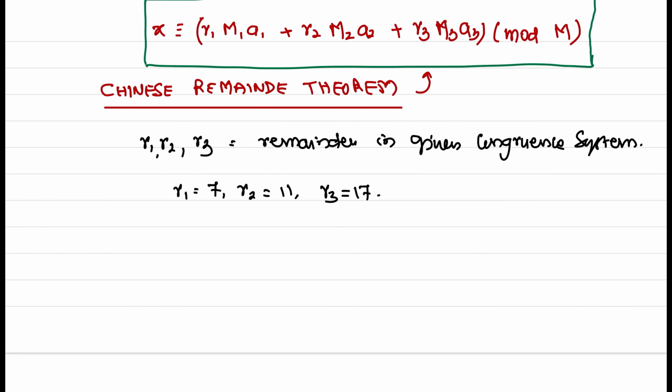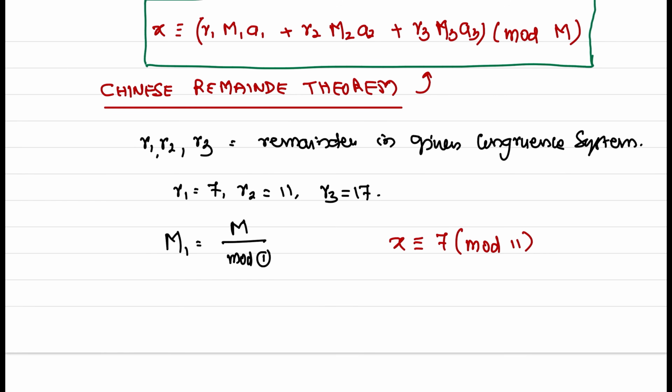Now, what is M1? M1 is equal to the overall modulus divided by the first mod. Here the first congruence is x equivalent to 7 mod 11.